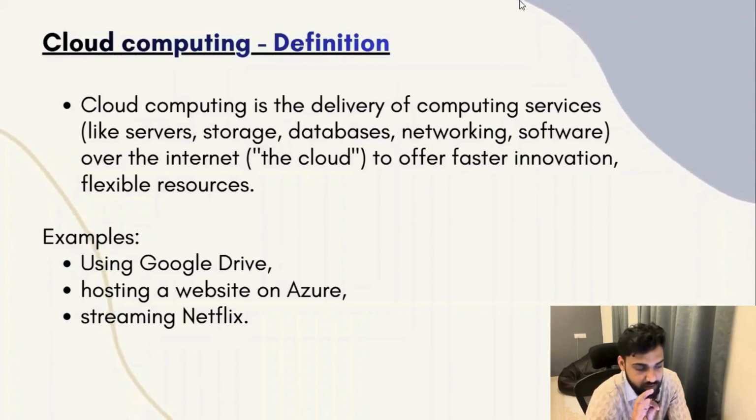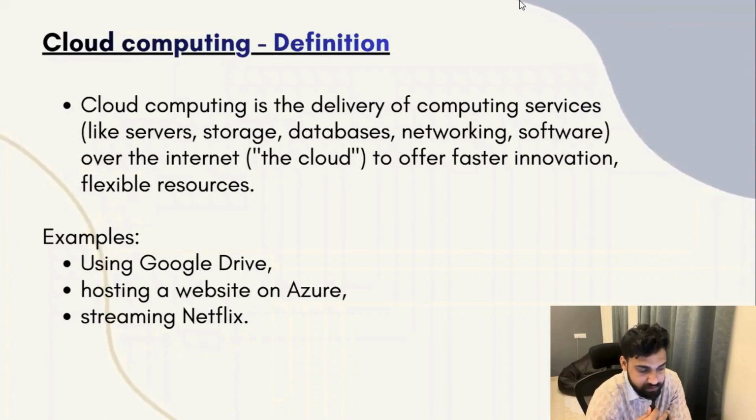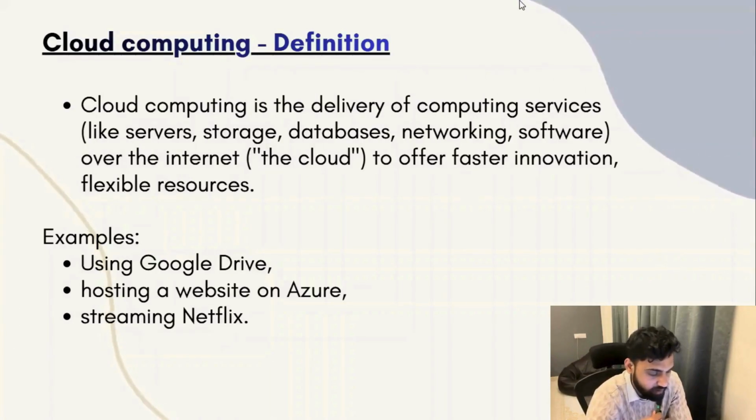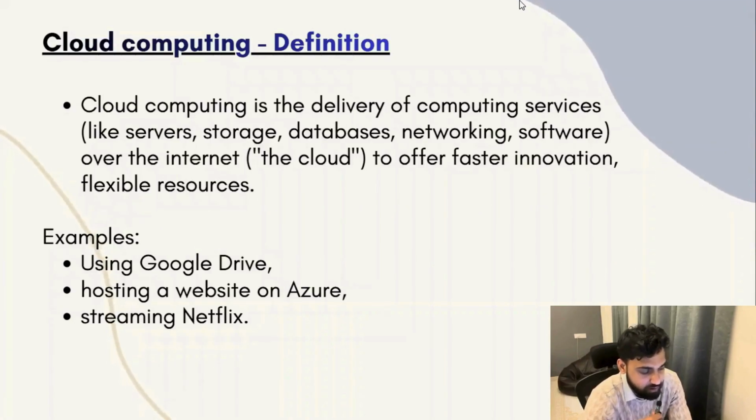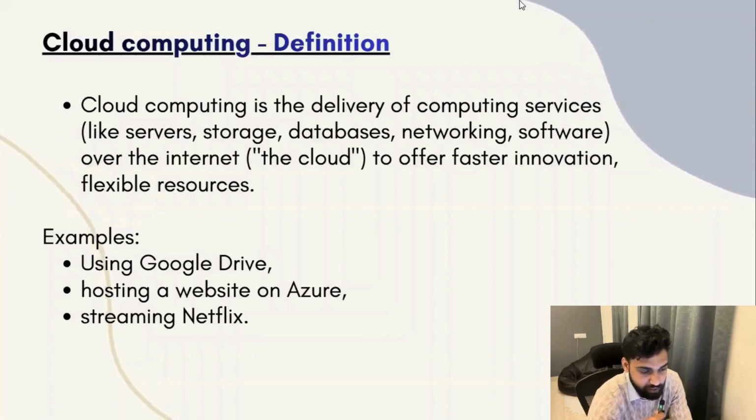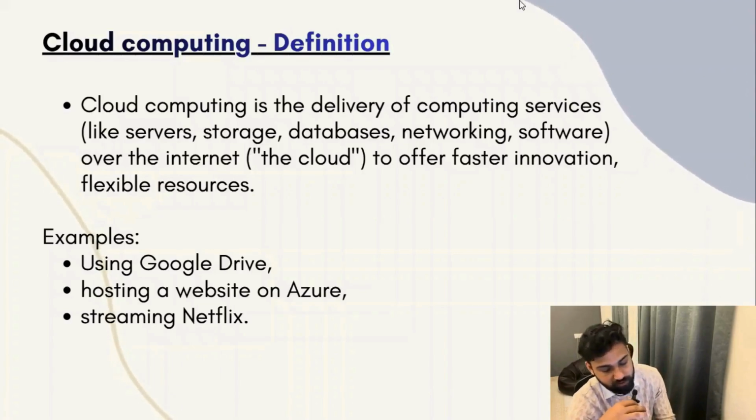When you buy the cloud, you can have the servers, the storage devices, maintain the networks, and put the software over the internet. You don't have to buy the physical thing. Examples: using Google Drive, hosting a website on Azure instead of buying the server, and streaming Netflix. All these are cloud computing.